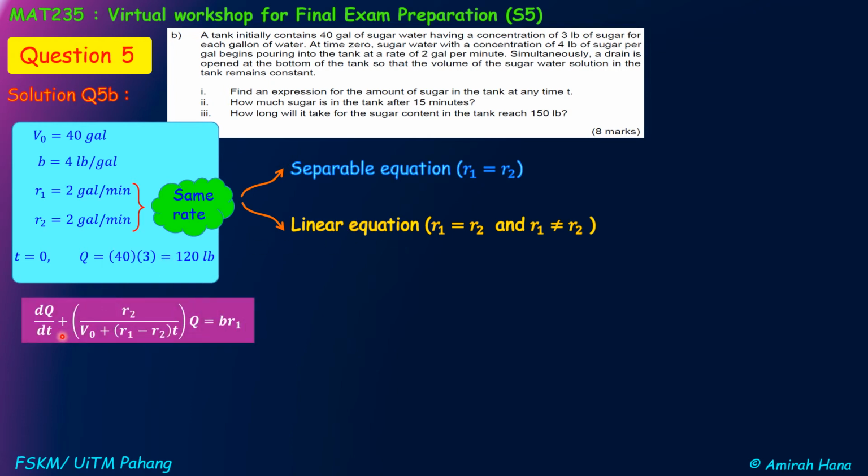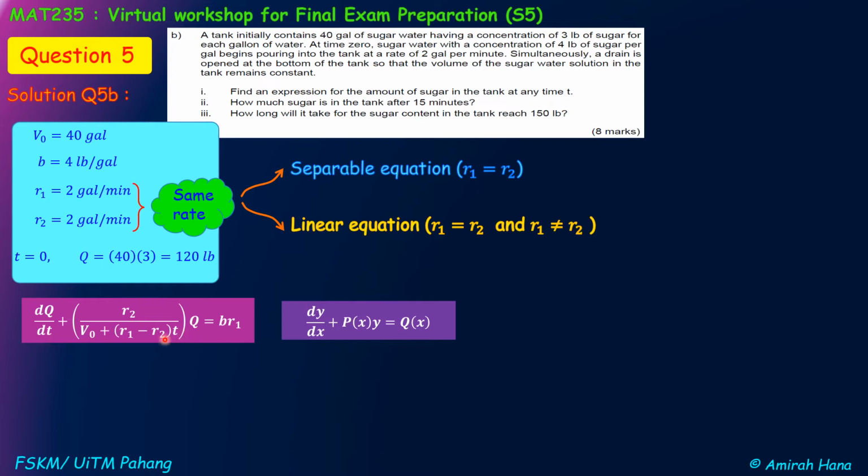From this formula, dQ over dt plus R2 over V naught plus R1 minus R2 times t, Q equals B R1. This is actually similar to the linear equation in the previous video, dy over dx plus P(x) y equals Q(x), but the variable y is now in terms of Q, and the variable x is now in terms of t.